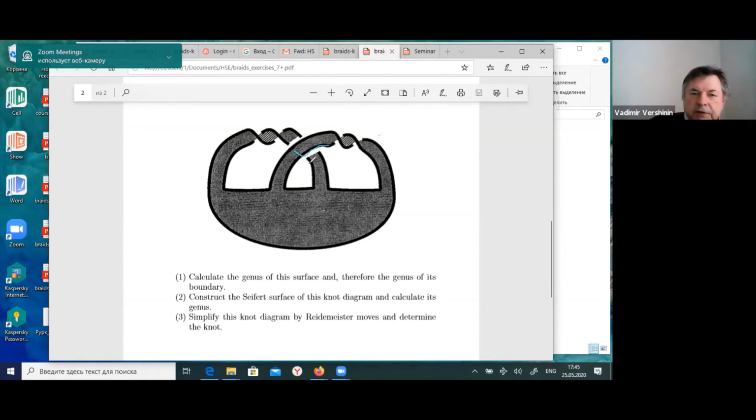It is like this. But here, not forget this undercrossing. Here is undercrossing. But everything is okay. So, what do we do?